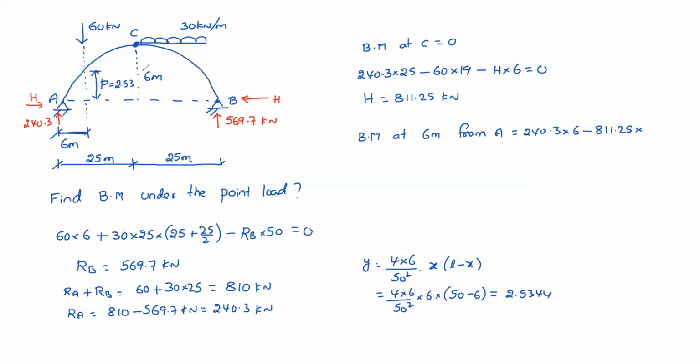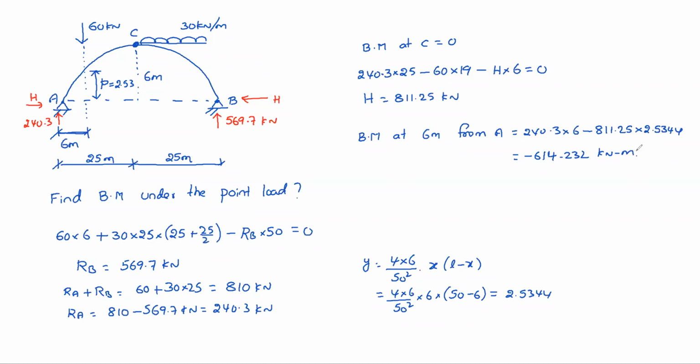So the moment equals 240.3 into 6 minus 811.25 into 2.5344. Negative amount, hogging, minus 614.232 kilonewton meter.